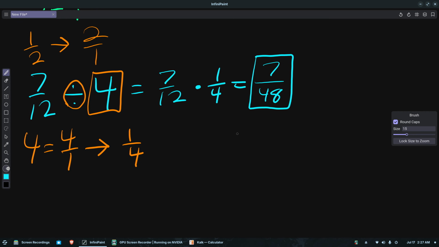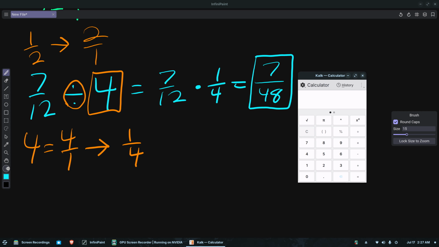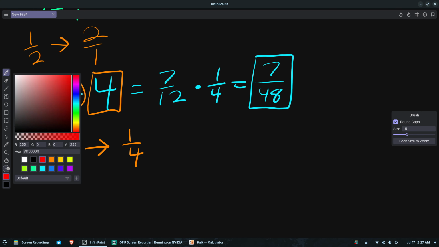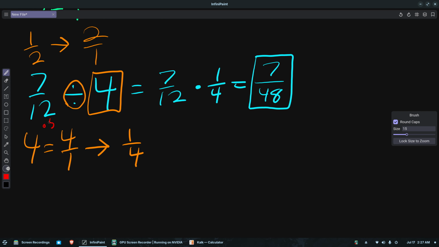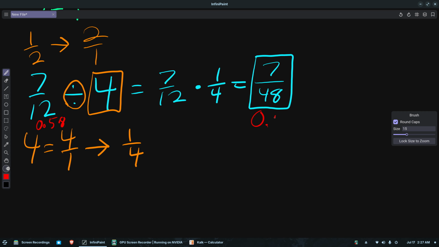And here you can see that when we divided by a number that was greater than 1, the value of our fraction went down. If we convert 7 over 12 to a decimal, that gives us roughly 0.58. And then 7 over 48 equals roughly 0.15.